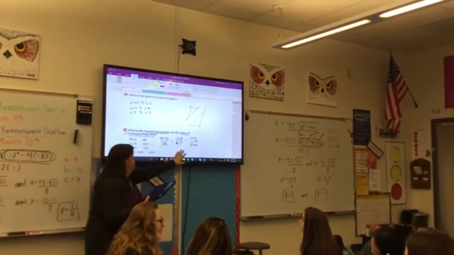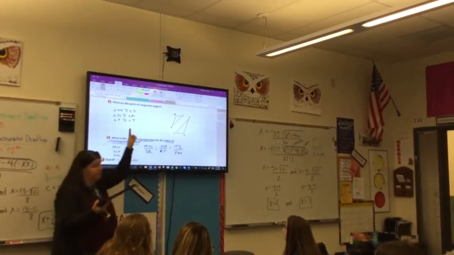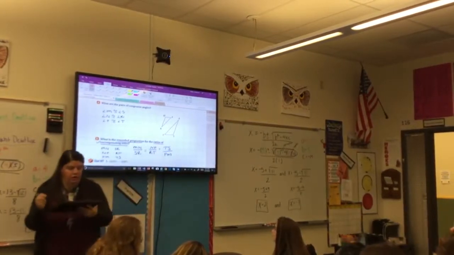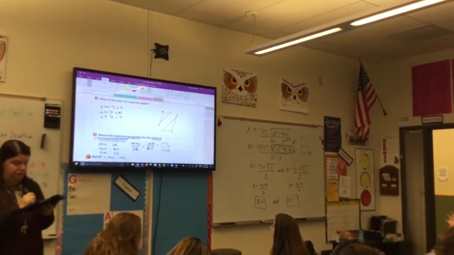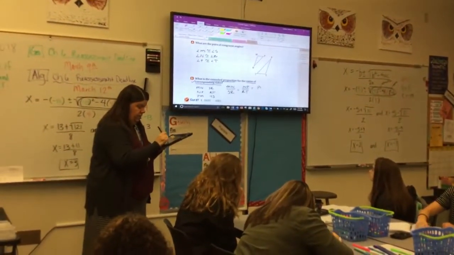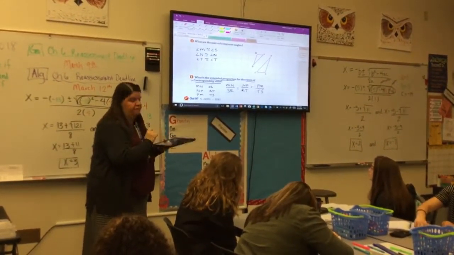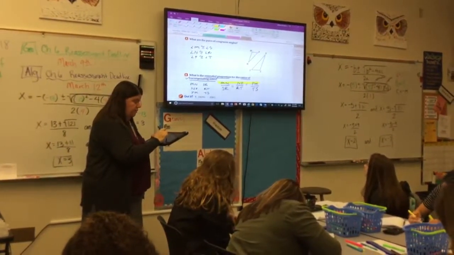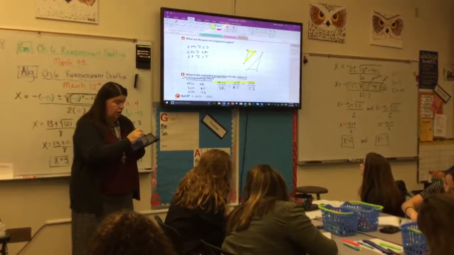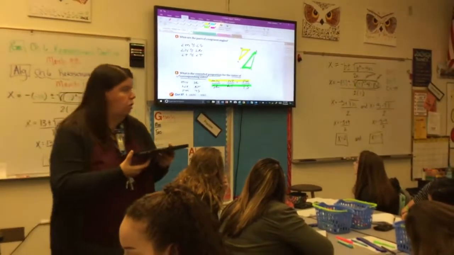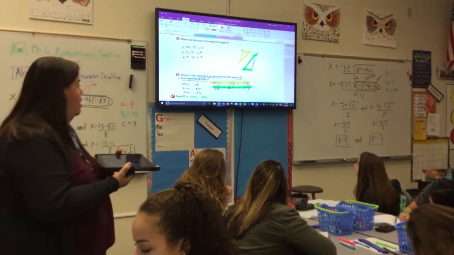So prior to this, all of our numerators were from the small triangle and all of our denominators were from the large one. And you have to be consistent about that throughout your extended proportion. So Sierra was exactly right, okay? This is PM over TS. So all of these side lengths are coming from our smaller triangle, and all of these side lengths are coming from our larger triangle. Okay? Questions on that?